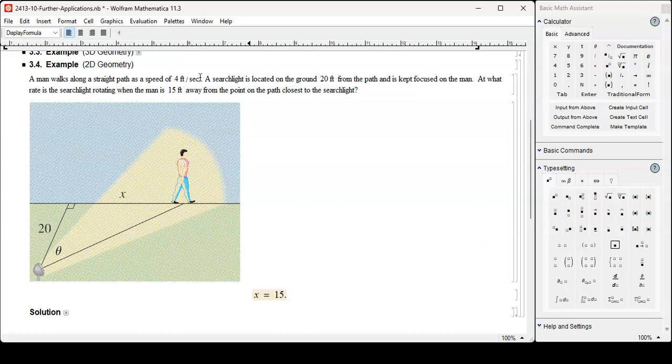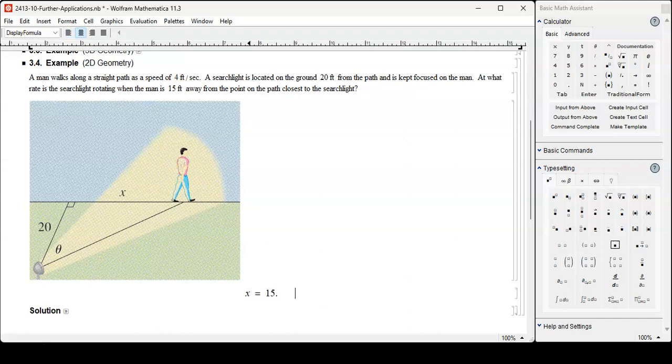And then the distance, and then the man walking is the same direction. That rate of change is 4 feet per second. These two are given information. So that one we know, and then that we know.